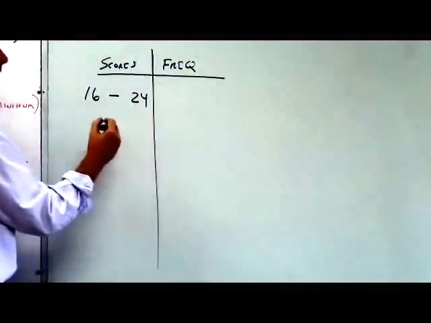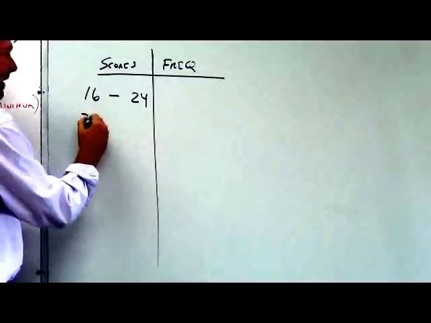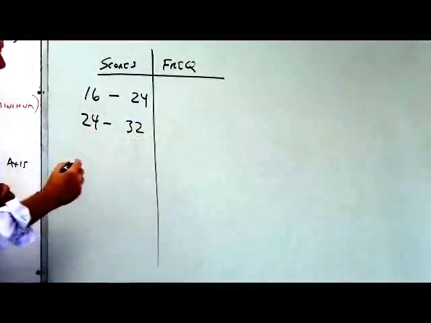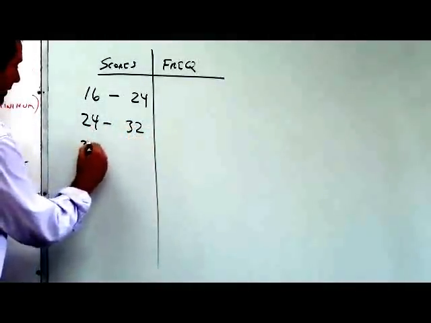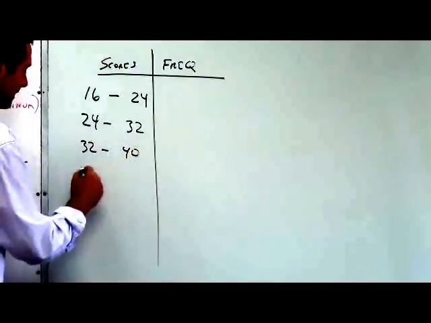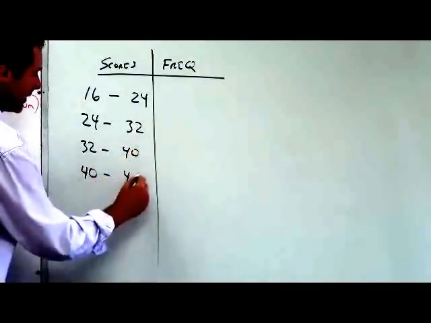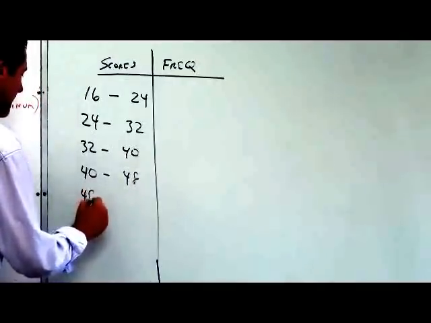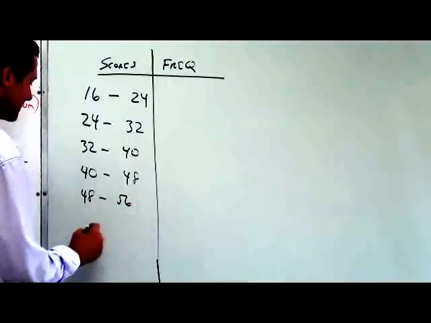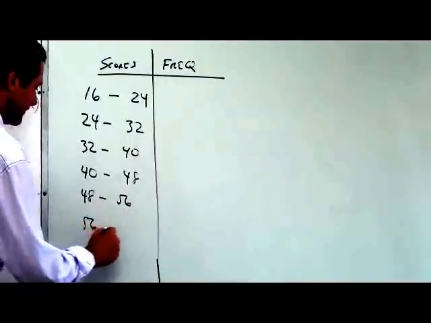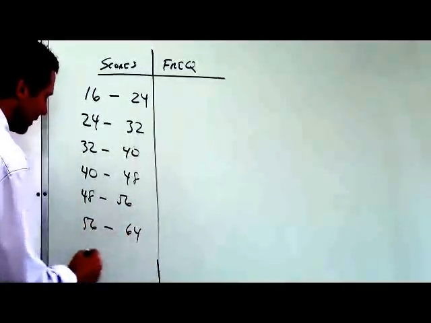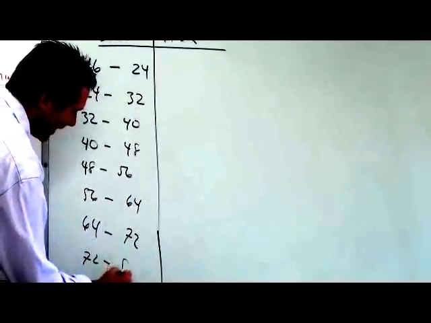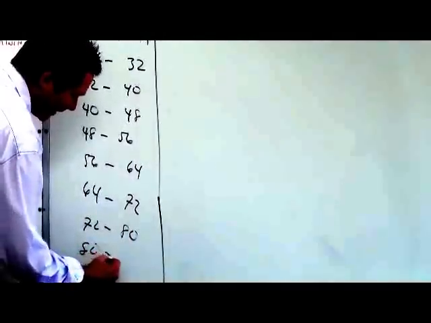And then the next class would be 24 to 32, 32 to 40, 40 to 48, 48 to 56, 56 to 64, 64 to 72, 72 to 80, and then I've got to include that crazy 81.